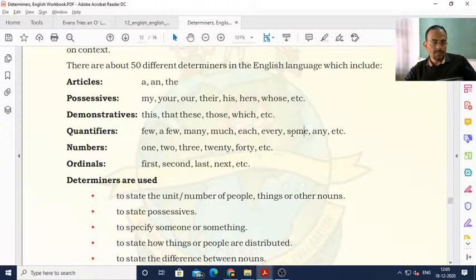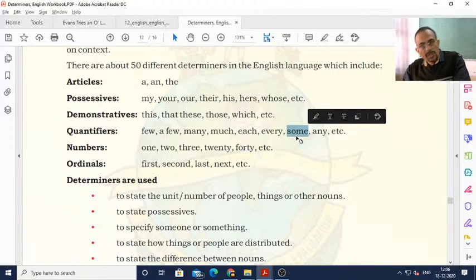For example, if I say there are some boys, some in this sentence is countable, whereas if I say there is some sugar, in that case some will be uncountable. So whether a determiner is countable or uncountable is dependent on the noun which is used after the determiner. If the noun is a countable noun, the determiner will also be countable. If the noun is uncountable, the determiner will be uncountable.